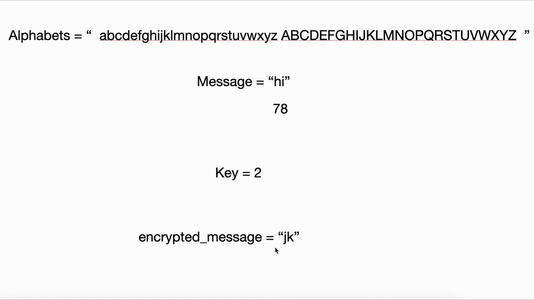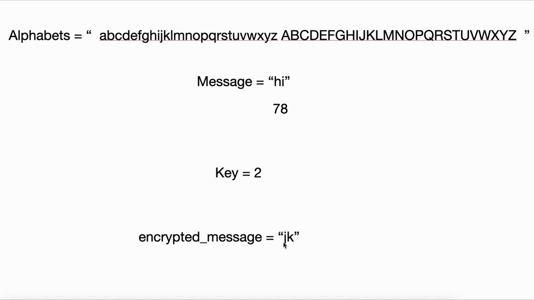So this will be your final encrypted message. To decrypt this message, we again need the key. But here we are going to subtract the key from the index of J and K. While encrypting, we added the key to the index of H and I, whereas here we have to subtract it so that we'll get the correct message.